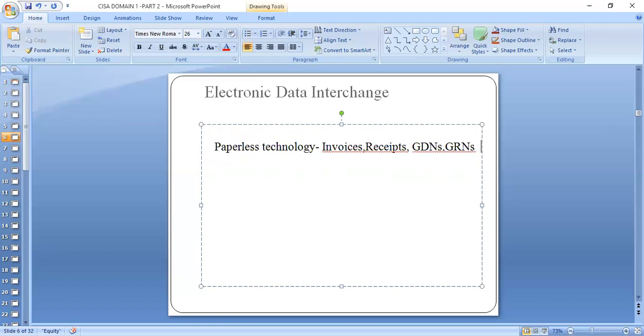Okay, so we can electronically transmit these between organizations. Is that not wonderful? Okay, so this is the idea of EDI.